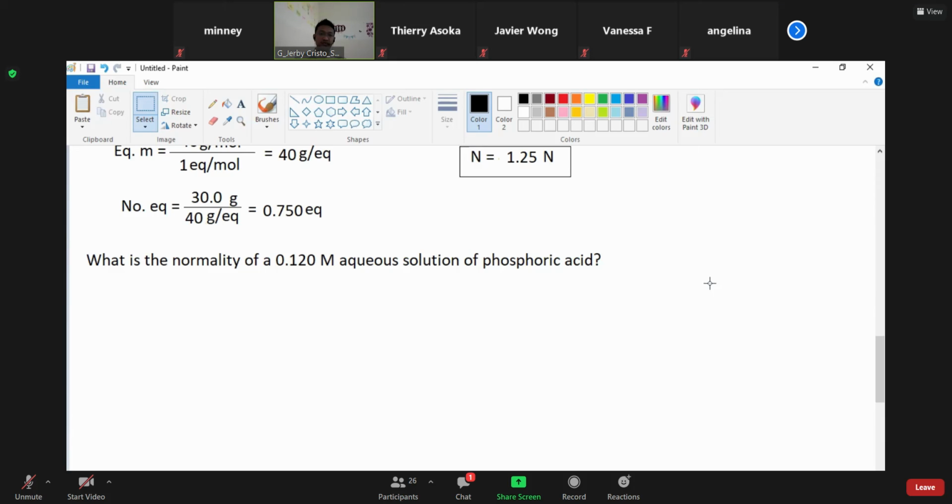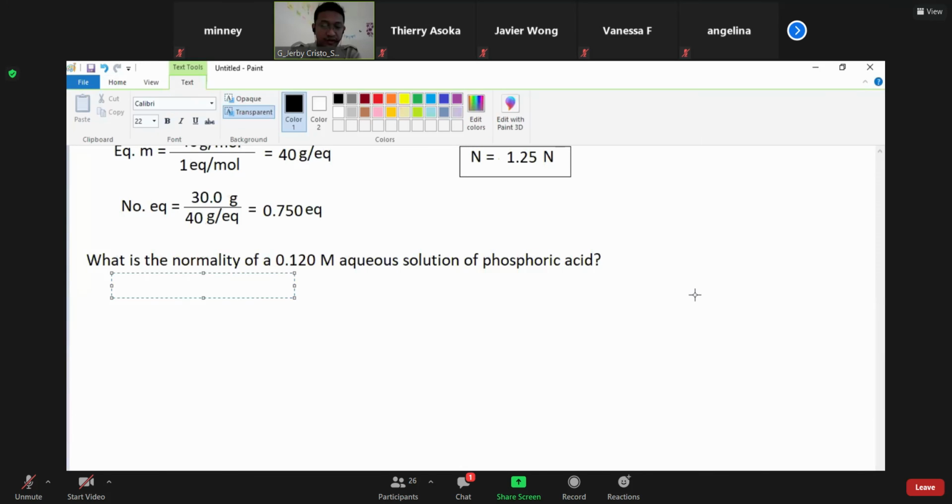Here you are given the concentration of the solute, phosphoric acid, in terms of molarity, which is 0.120 molar.